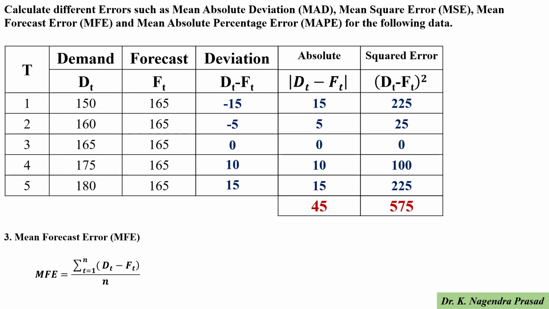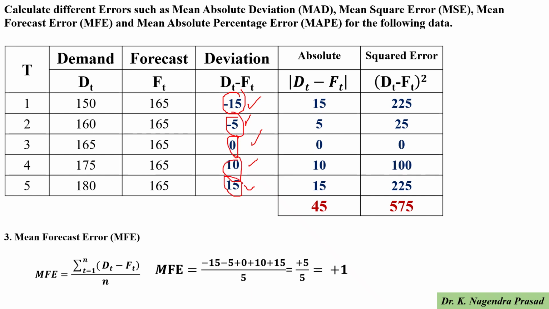So the deviation for the first time period is minus 15, next one is minus 5, next 0, next 10, and next 15. MFE equals minus 15 minus 5 plus 0 plus 10 plus 15, divided by 5. Here minus 15 plus 15 cancels, and minus 5 plus 10 is equal to plus 5. Plus 5 divided by 5 is equal to plus 1.